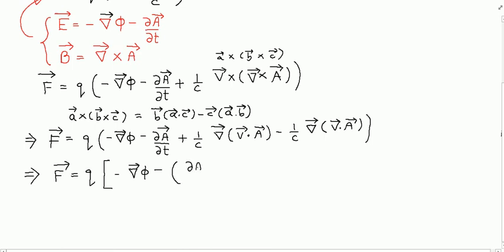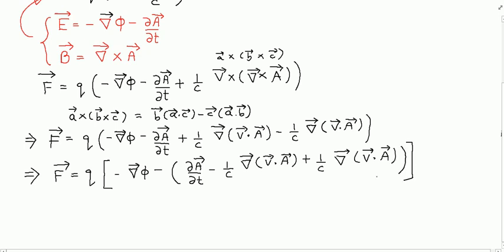You get dA divided by dt, and then you get a minus sign 1 by c gradient v dot a, and then there's a plus sign 1 by c del v dot a. Okay, till now I guess everything is correct, and let us put our bracket back.